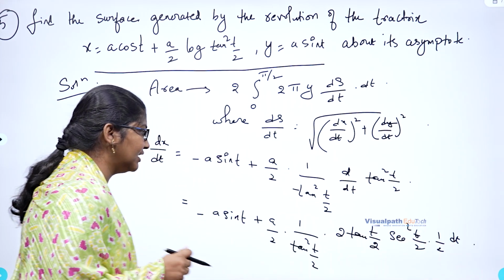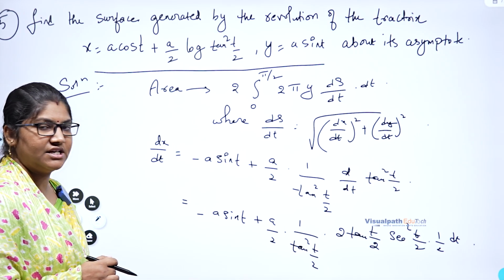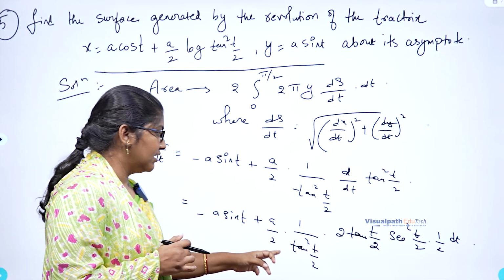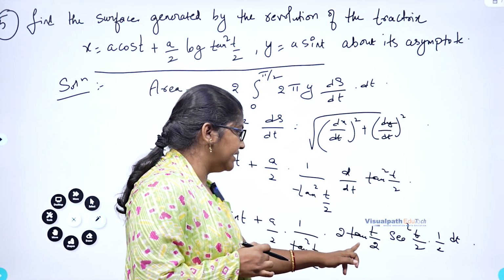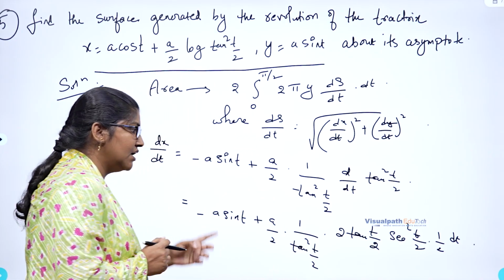This is the complete differentiation of the given x. Okay, internal differentiation is done. This is the first differentiation, with internal differentiation done 1 time, 2 times, 3 times for the problem.